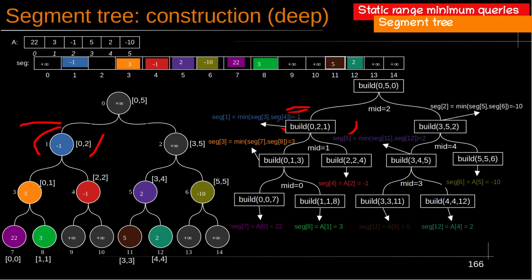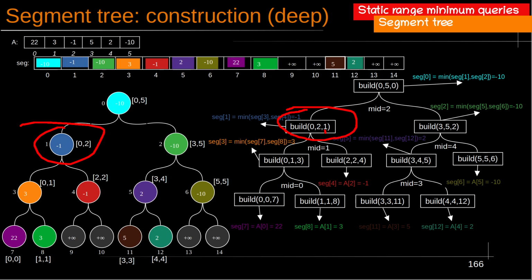And we can compute node number 2 on the segment tree, which is the minimum of node 5 and node 6, which is minus 10. Now we can compute the root node, which is node 0: the minimum between node 1 and node 2, which is minus 10.